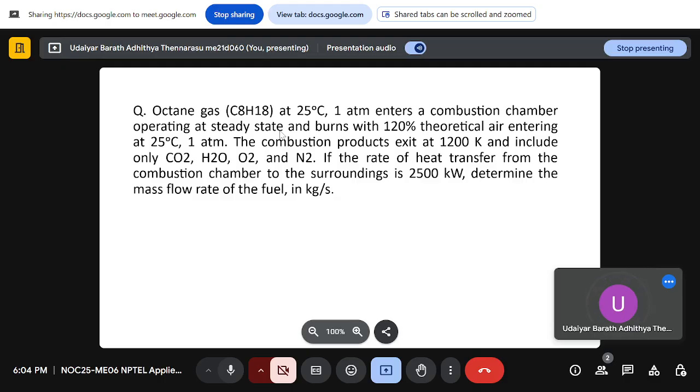So that's how we'll proceed, and we know that the combustion product is exiting at 1200 Kelvin. So with that we can estimate the enthalpies. We can do an energy balance, and they say that we get heat transfer of 2500 kilowatt with this combustion. So we need to find out how much mass flow rate of the fuel is coming in.